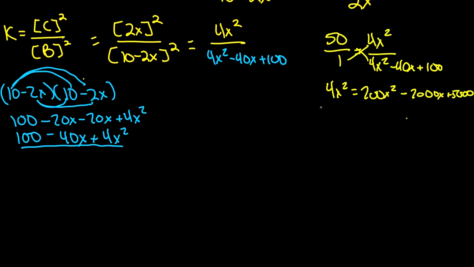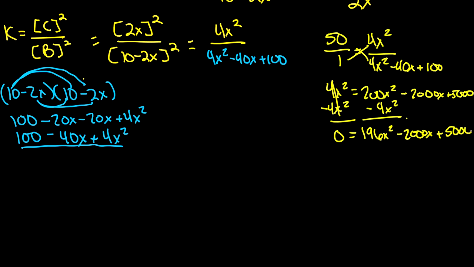All right, we add like terms: minus 4x squared, that cancels, minus 4x squared gives me 0 equals 196x squared minus 2000x plus 5,000. It's like we got a little bit of quadratic equation to do.